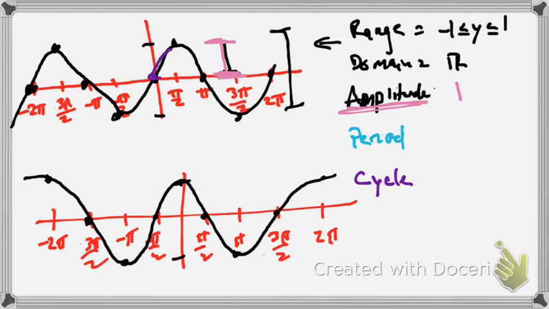If I look from here to this part right here, that is the cycle, because that's the thing that gets repeated. Now a period is basically how long it takes for that thing to be completed. So when I talk about a period, I'm really talking about this distance from here to here. The period had a length of 2 pi. The cycle is the thing, the period is how long it takes for that thing to be all done.